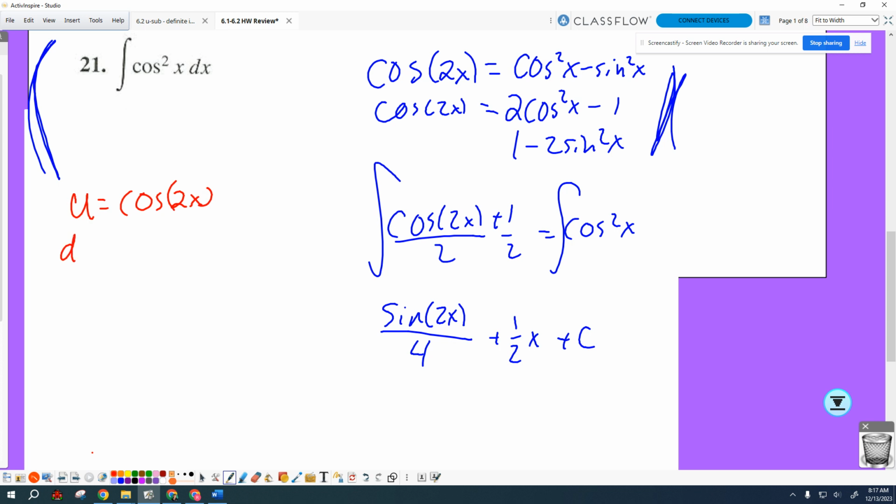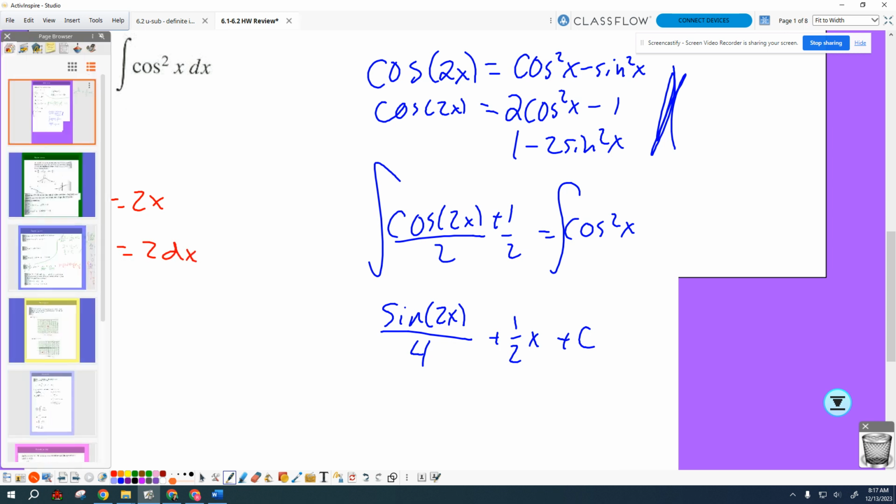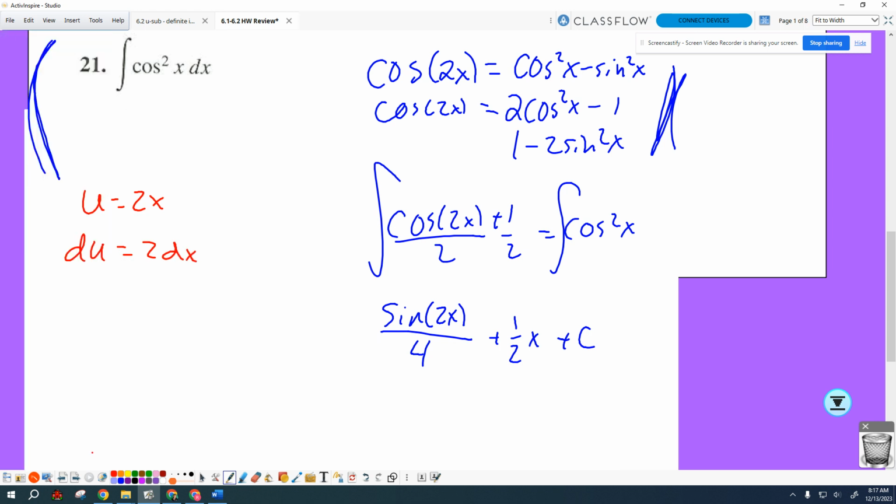u is 2x. So translating, that's going to be cosine u. I have the 1/2 there.